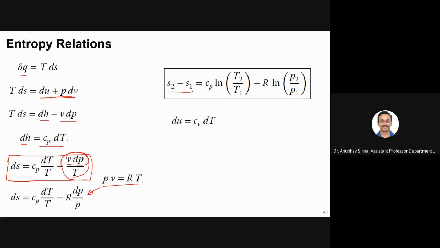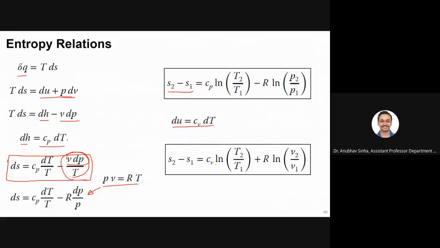Also, I can substitute du as CvdT. So if I have that, I can also say that delta S is equal to Cv log T2 by T1 plus R log V2 by V1. So these are the two important relations which we can use to find entropy for a given process. If you have the final and initial temperatures and pressures or volumes, you can use these to find delta S. We'll talk more about TdS relations in the next chapters.